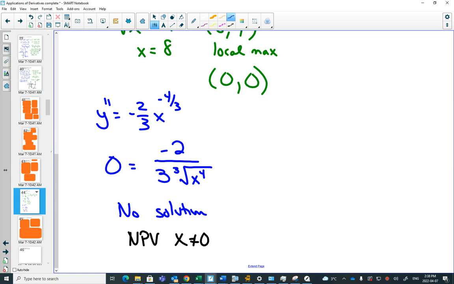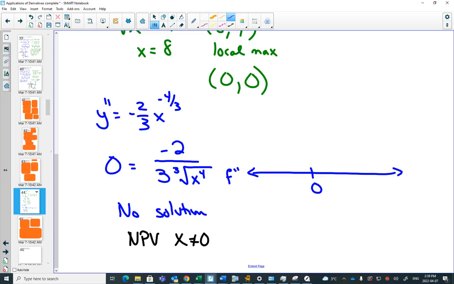Okay? So we draw our number line for our second derivative, and we put 0 on there. We check a value less than 0.